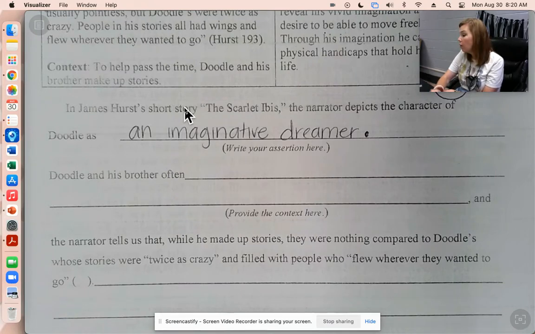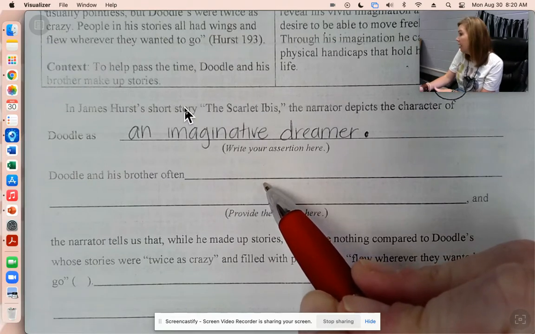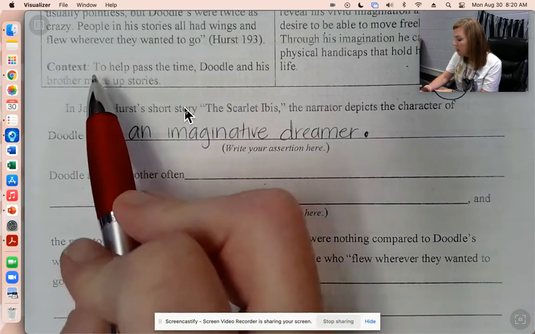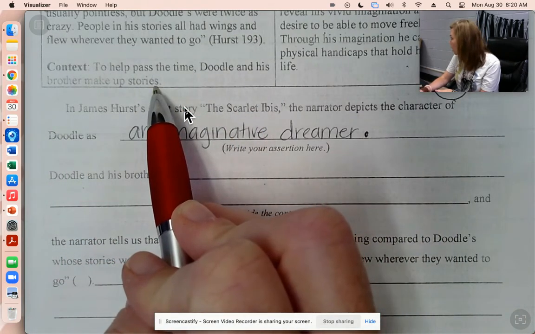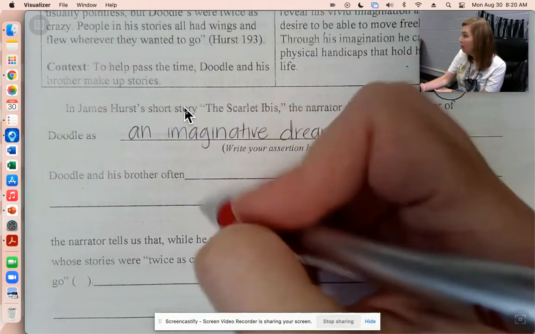Okay, if you wrote right here, and this is what a lot of people do because they're just not trying today, they would say Doodle and his brother often, and they're looking for context to help pass time. Doodle and his brother make up stories. Well, that doesn't work grammatically. That's a hot mess express. So what you've got to do is flip the sentence.